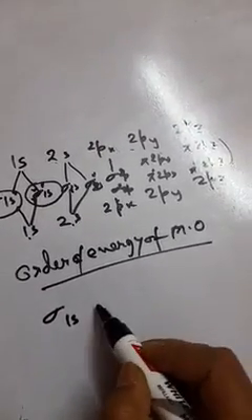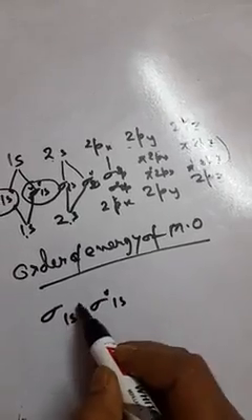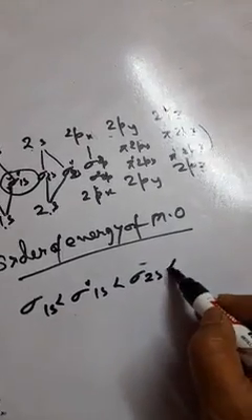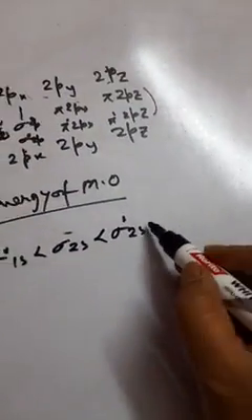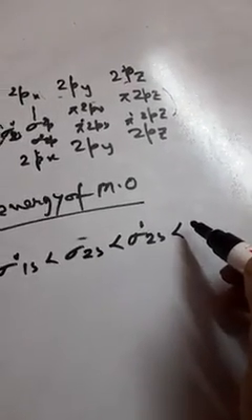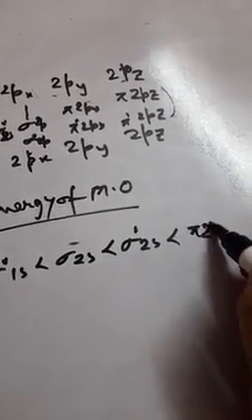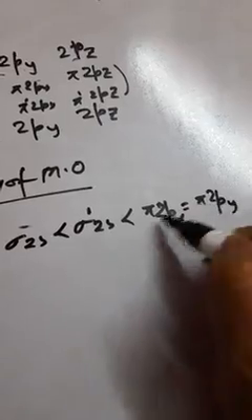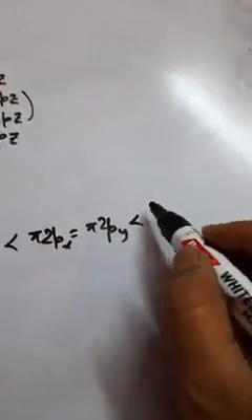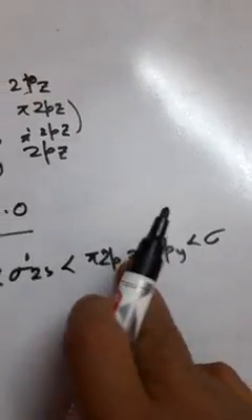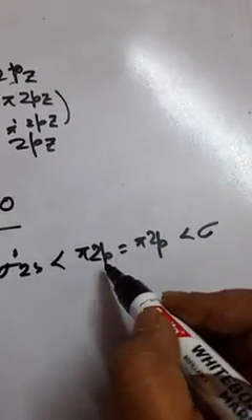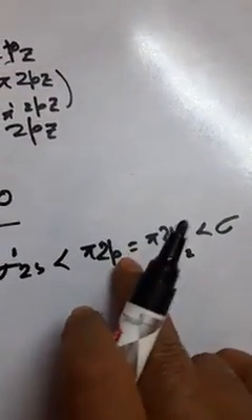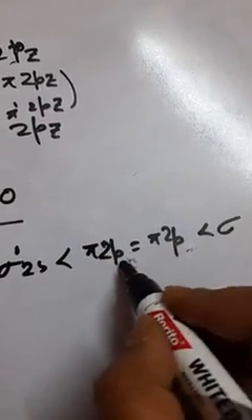First sigma 1s, then sigma star 1s, then sigma 2s, and then sigma star 2s, then pi 2px equal to pi 2py, means both have the same energy, and then sigma 2pz. Let the z orbital overlap linearly.